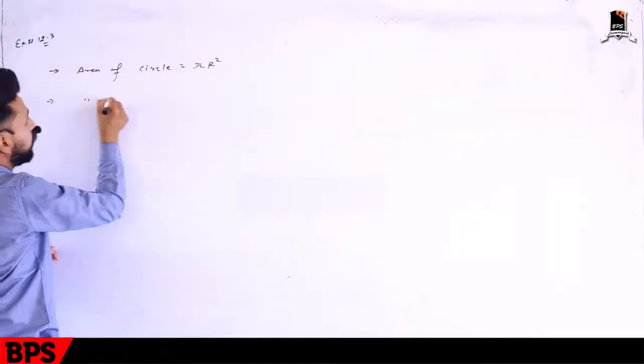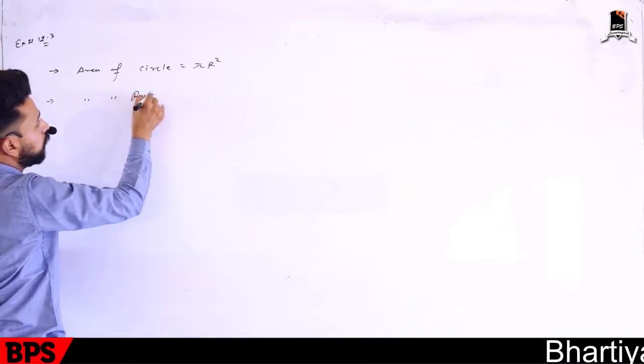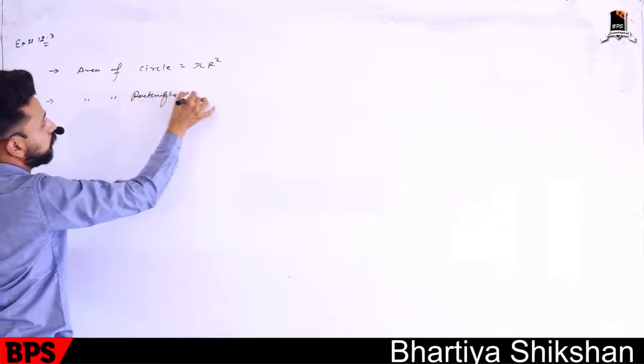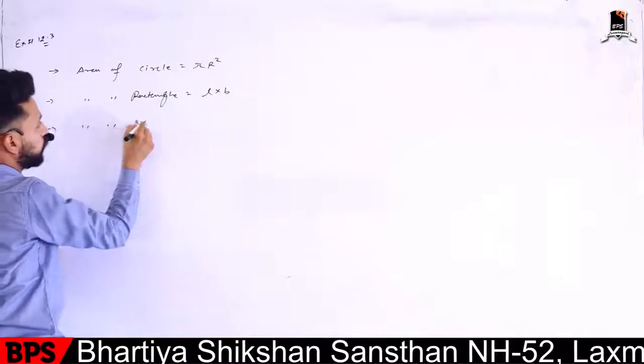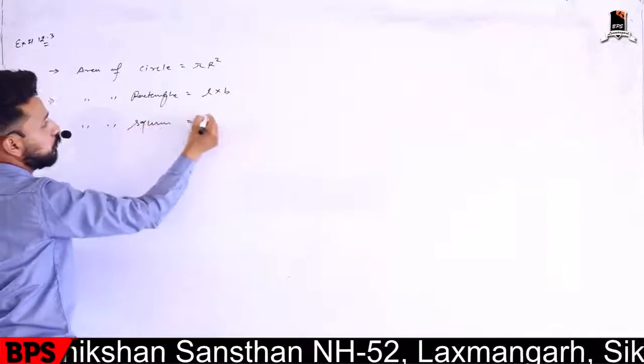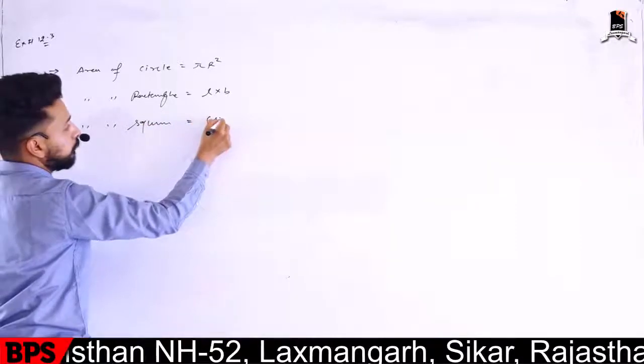Second, area of rectangle is equal to length into breadth. Area of square is equal to side square.